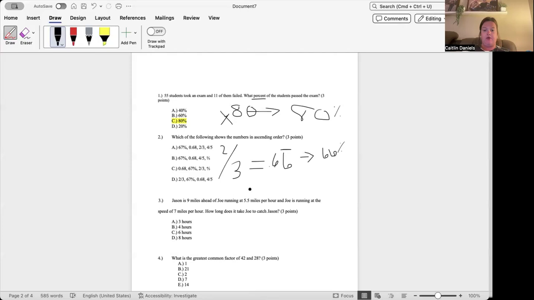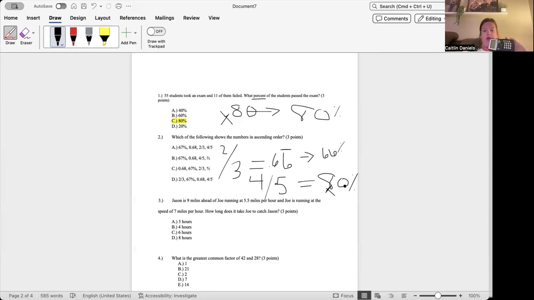So let's figure out what 4/5 is. Again, we have our 4/5. We're going to pretend that this fraction is a division. So 4 divided by 5 is 0.8, which if we remember from the previous 0.8, we're going to pretend that decimal's not there, add the 0, and we have 80%.